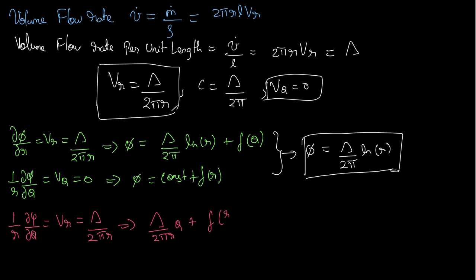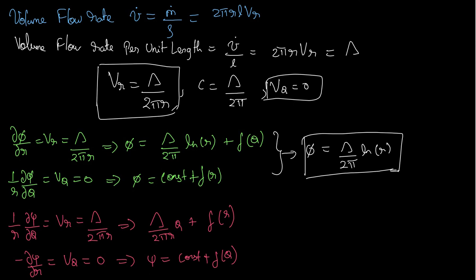And similarly we have minus ∂ψ/∂r equals vθ, which is 0. And if I try to integrate this, I get ψ to be some constant plus a function of θ, integrating with respect to r.